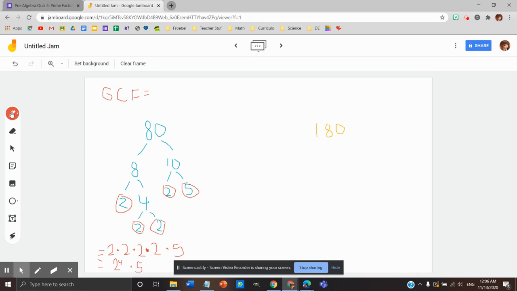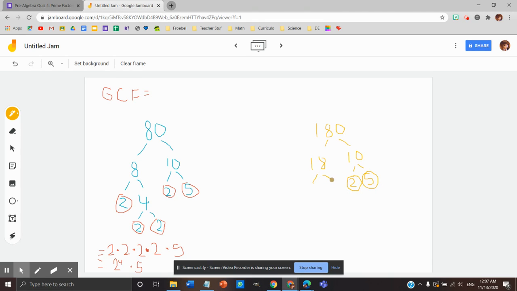So let's check out the 180. And you know that 180 is the same thing as 18 times 10. And I know that the factorization of 10, because I have already done it a few times before, is 2 and 5. And I also know that those are primes, so I'm just going to circle them so I know that I don't have to do anything more there.